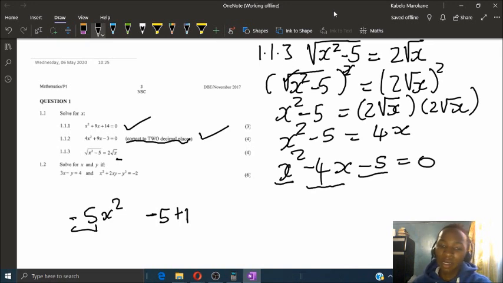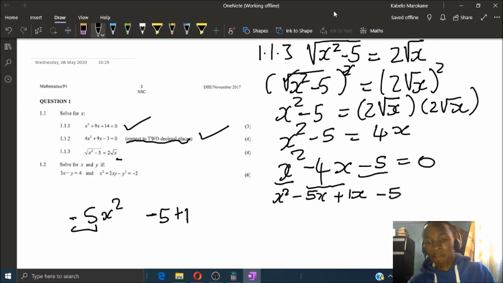Okay, so I will rewrite this equation in terms of minus 5x plus 1x minus 5, which is equal to 0.